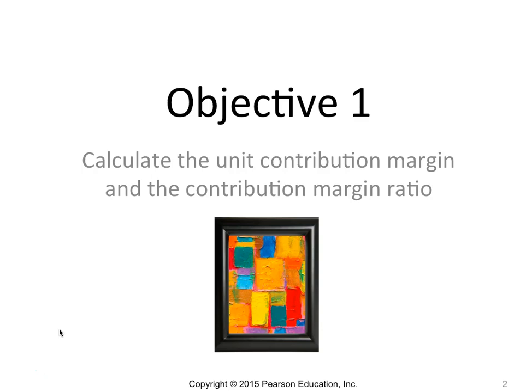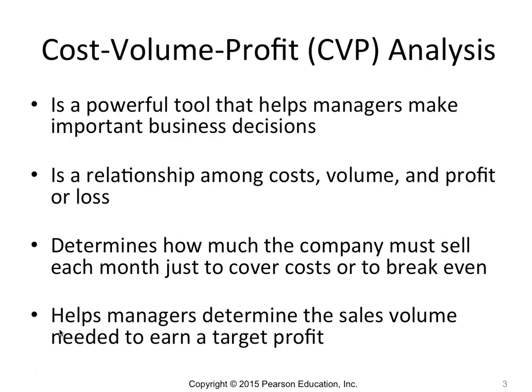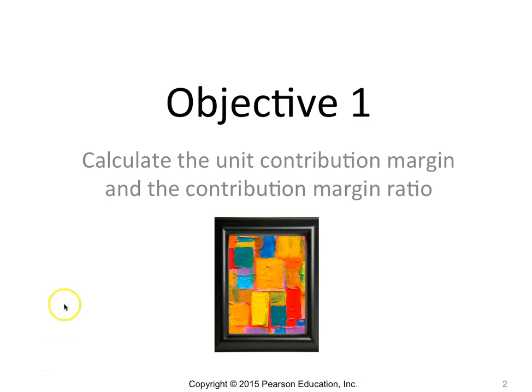So objective number 1 is to calculate a unit contribution margin and a contribution margin ratio. To get back to the first one, the unit contribution margin is from chapter 6.